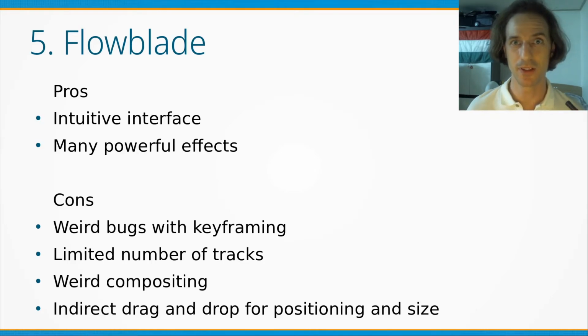And the limited number of tracks is something I cannot wrap my head around. The compositing is also weird. You can figure it out, but I don't think it's really intuitive and it doesn't really make much sense from my point of view. And there is this indirect drag and drop for positioning the overlays, which I think is sufficient, but it can be confusing or unintuitive for some users who just want to jump in quickly, edit some video quickly, and have results fast.